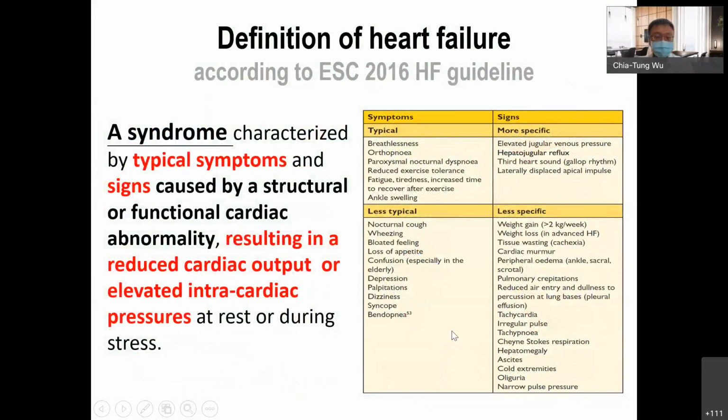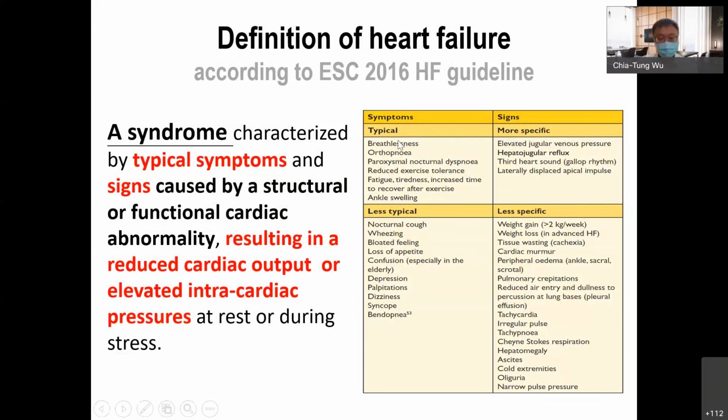And this is the definition of heart failure according to the European Society of Cardiology in 2016. So actually, heart failure is a syndrome characterized by typical symptoms and signs caused by a structural or functional cardiac anomaly. Our heart cannot pump out blood very well.